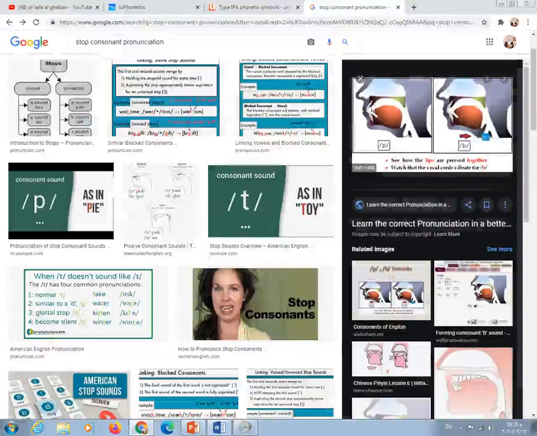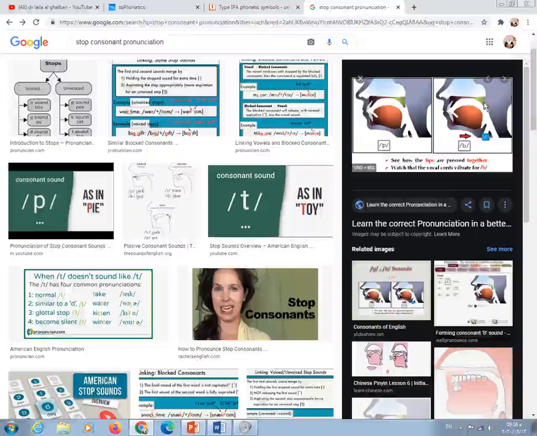The closure area here is the alveolar ridge, and when we pronounce k and g, the closure area is the back of the tongue. زي ما انت شايف back of the tongue بيطلع ويقفل.